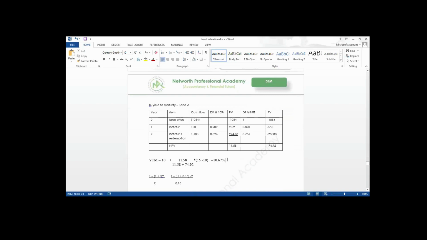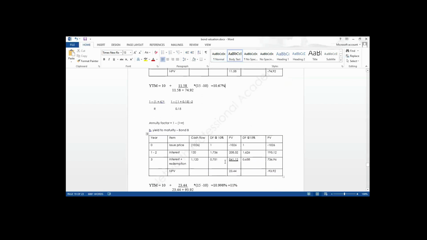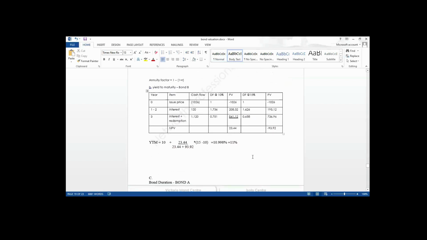Yield to maturity of bond A, 10.67. Yield to maturity of bond B, approximately 11%. So we have done step 1.